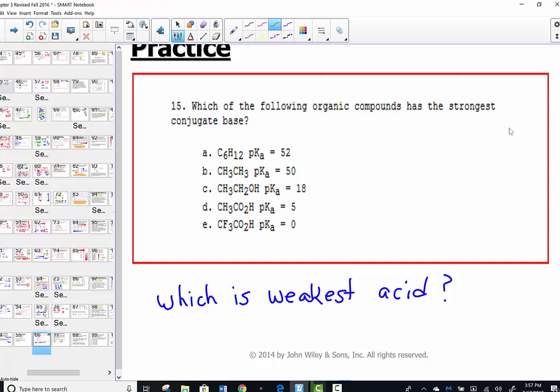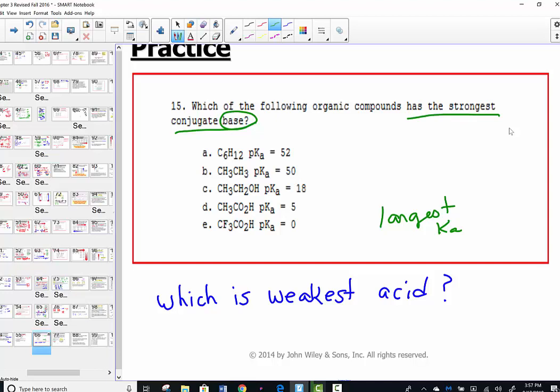If I want to know the strongest conjugate base, but they're giving me pKa's, not Kb's, I want to flip this question around: the strongest base means the weakest acid, and the weakest acids have the largest pKa values.